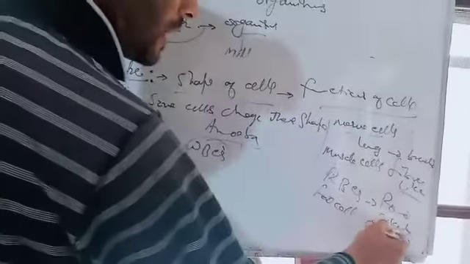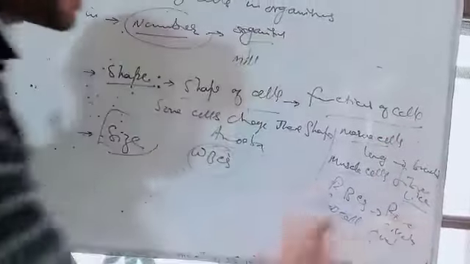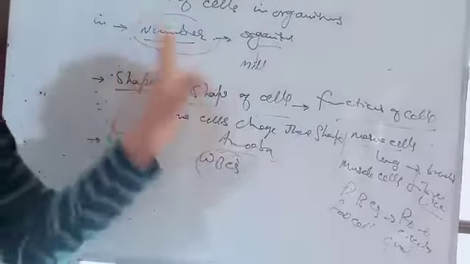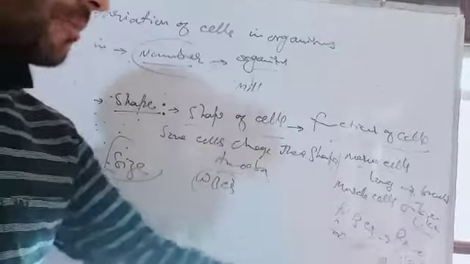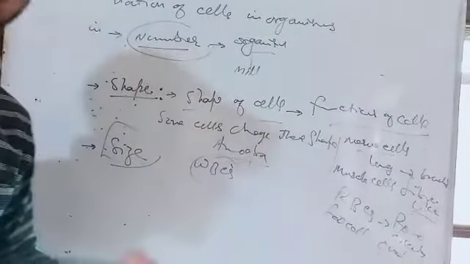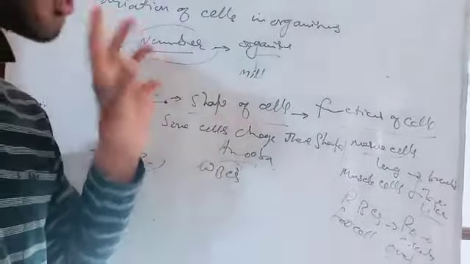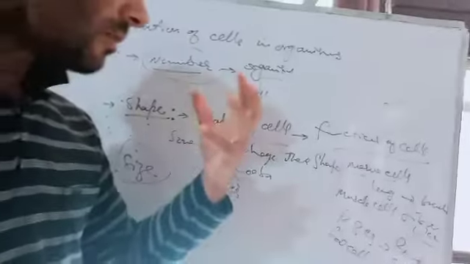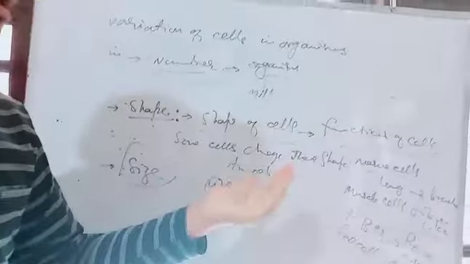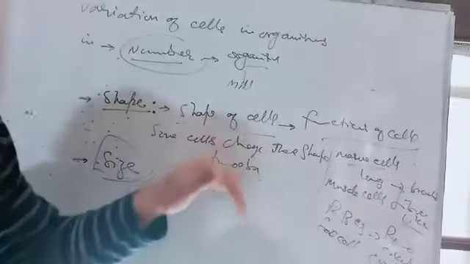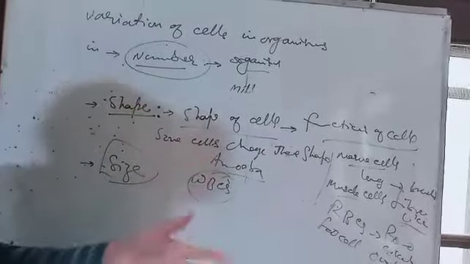Fat cells are oval. These different types of cells have different shapes, and their shape is directly related with their functions. The function of the cell designs the shape of the cell so that it can function smoothly in different organisms.